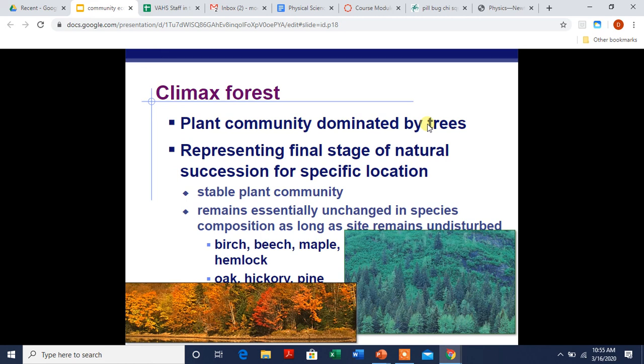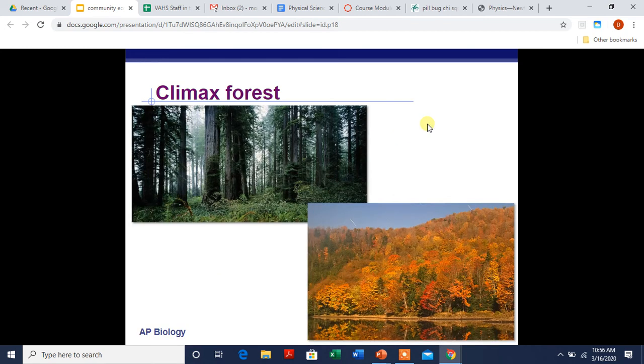Meaning, if there isn't a fire or if there isn't another disaster which could reset, quote unquote, the community, it'll remain largely the same. And you will see these communities because they're dominated by birch and beech and maple and hemlock trees, oaks and hickories and pines. All right, very shade tolerant, very large, stable trees.